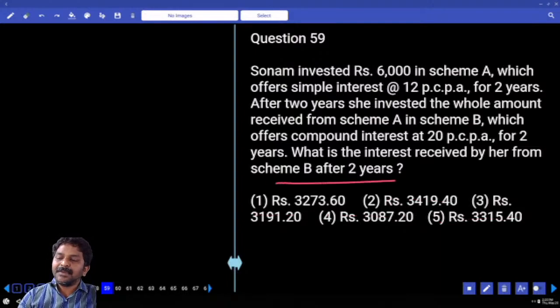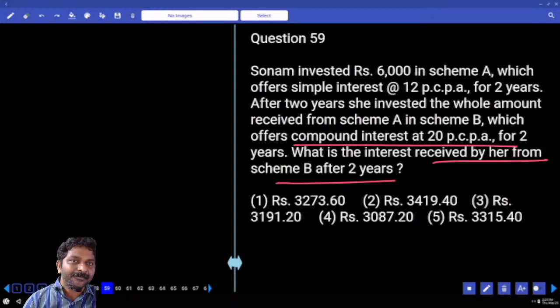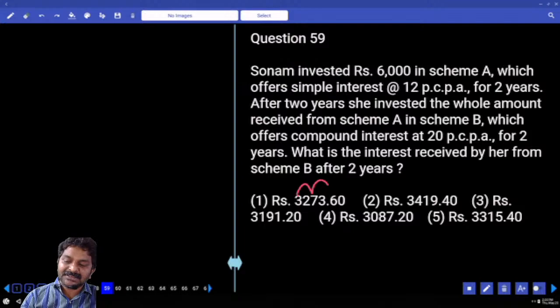See, from scheme B, compound interest is calculated for 2 years at 20% per annum. What percent interest will we get? 44. The answer should be a multiple of 11. Can it be the first option? 3 plus 7 plus 6, 16. The other two, 2 plus 3, 5. Difference a multiple of 11? Yes, that may be your answer.